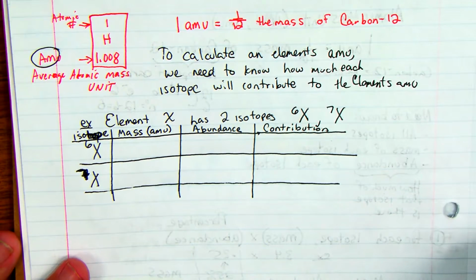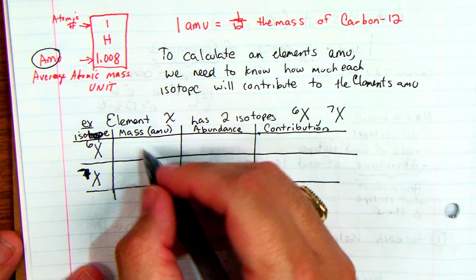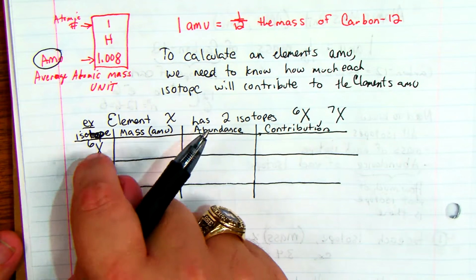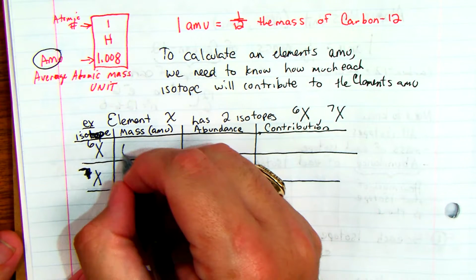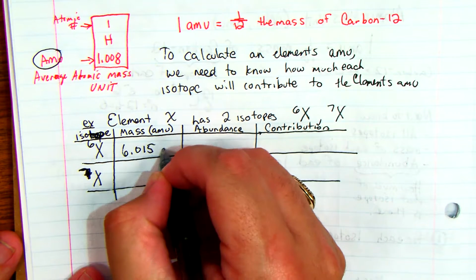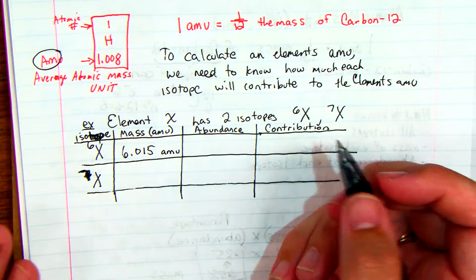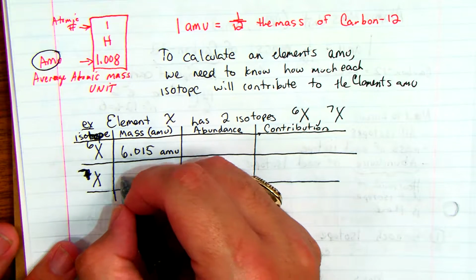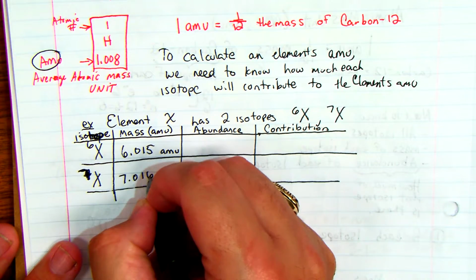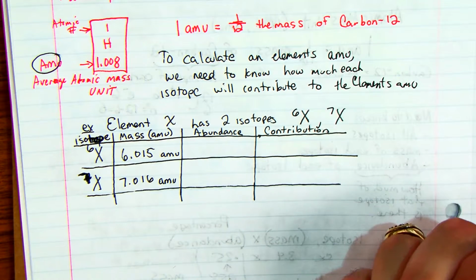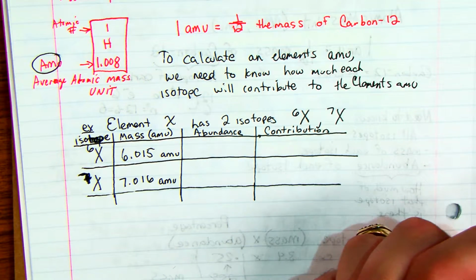Now, for isotope X6, the mass is going to be 6.015 AMUs. And now we're just dealing in AMUs with this. For X7, it's 7.016 AMUs. Now, I'll let you guys catch up on that for a second.